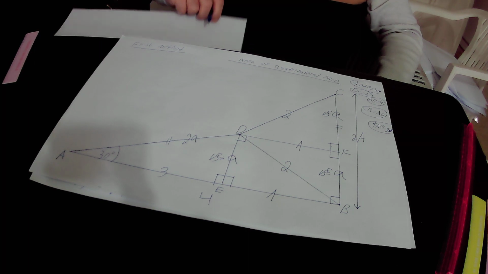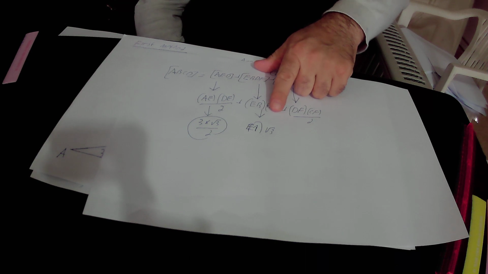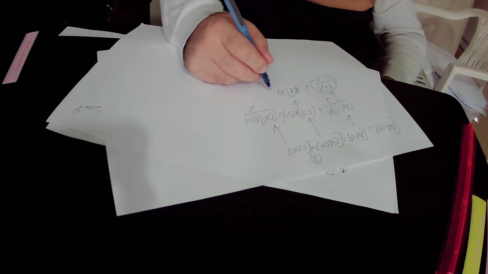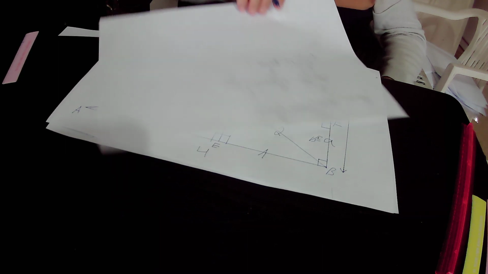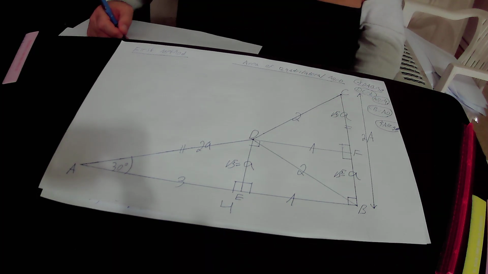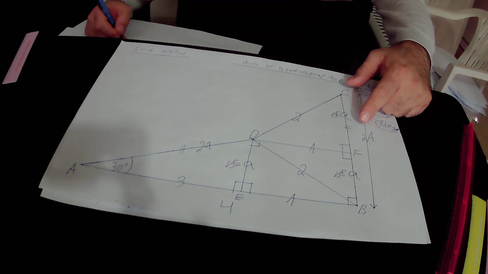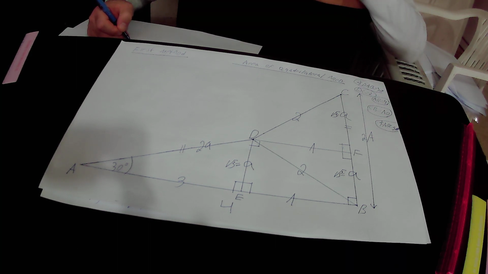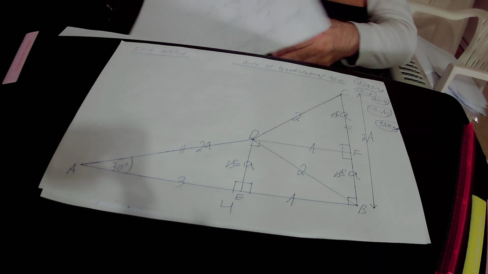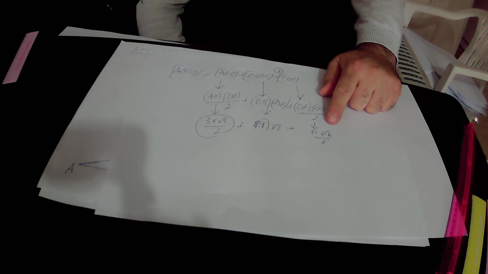So the area of rectangle EBDF equals square root of 3 units. The area of the right triangle CDF equals DF, which is 1, times CF, which is square root of 3, over 2. So it equals 1 times square root of 3 over 2.